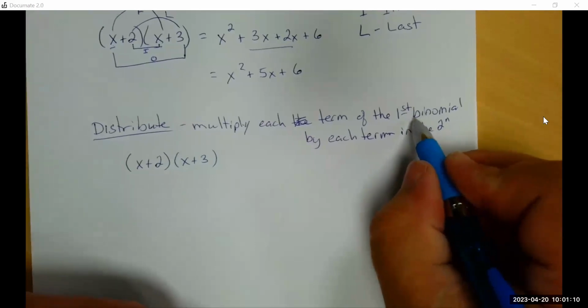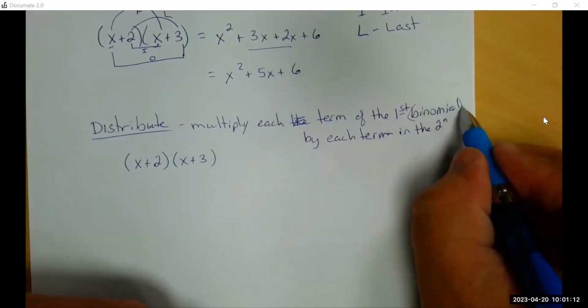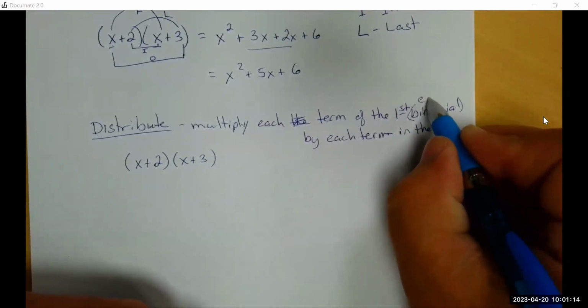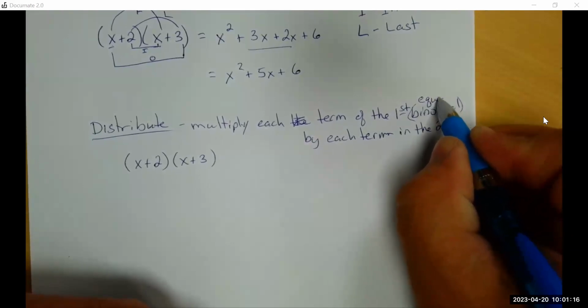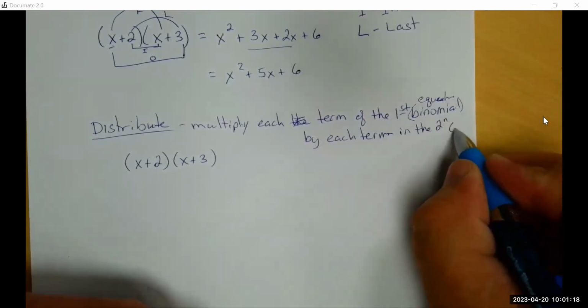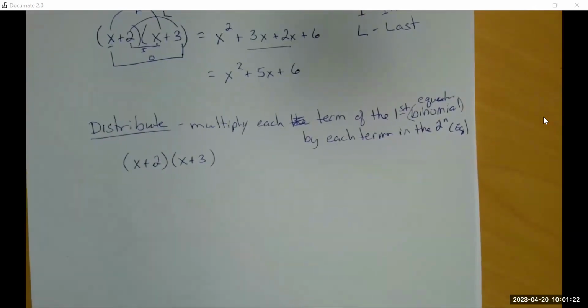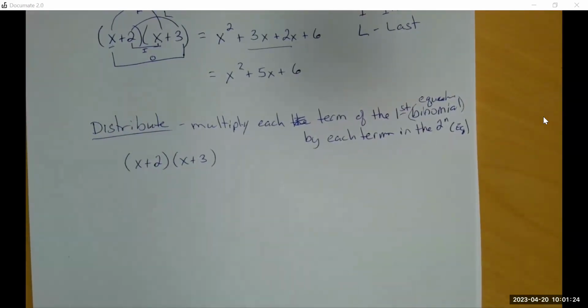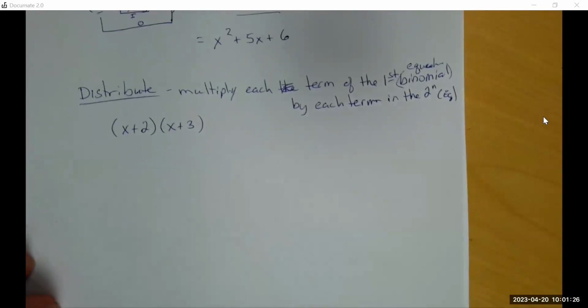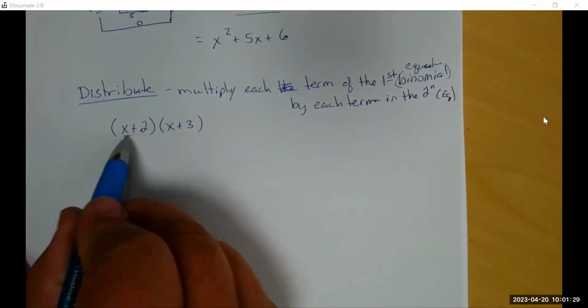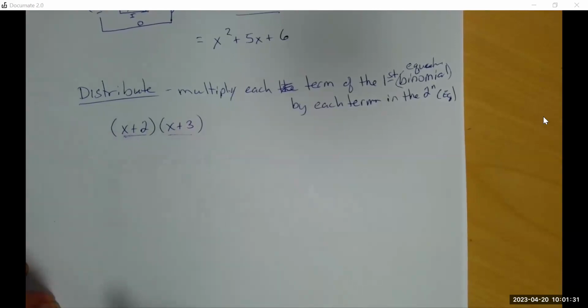It doesn't even have to be binomial. It says in the first equation, the second equation, because this way works no matter how big they are. So everything in this first parenthesis has to multiply to everything in the second.